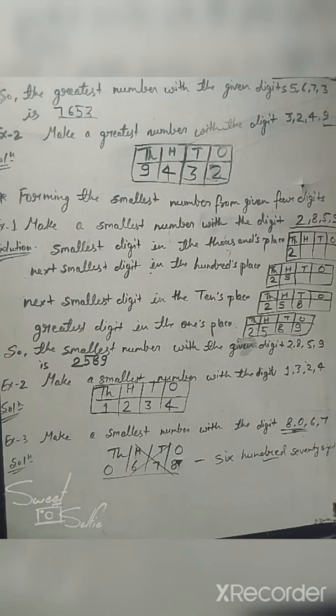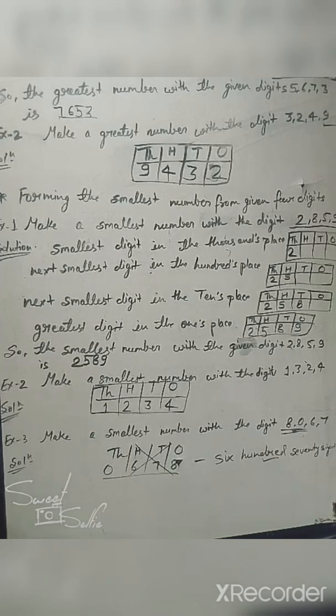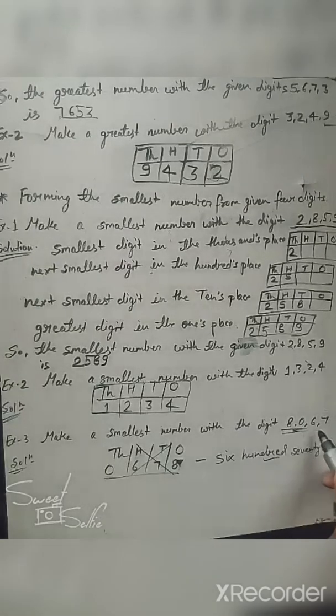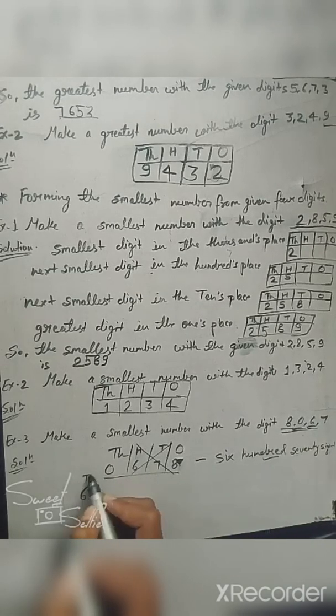Okay, now we will follow the rule as I tell you. Write the next smallest digit excepting 0. So this is 6. 6 is the next smallest digit excepting 0. So here we will write 6 at the thousands place.